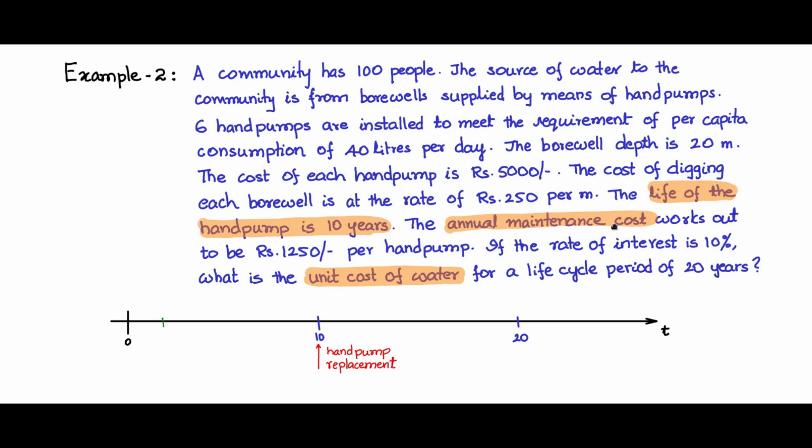Then the annual maintenance cost works out to be rupees 1,250 per hand pump. So annual maintenance cost means every year one is paying the AMC throughout up to the 20 years, 20 times we will be paying AMC. This is geometric progression. We know how to do that.